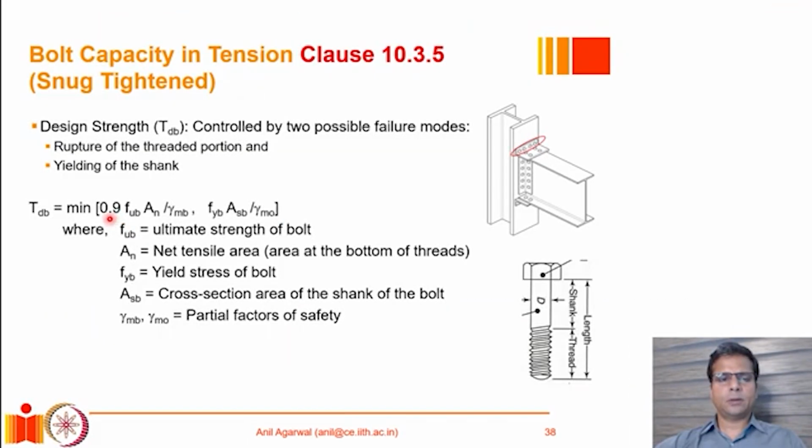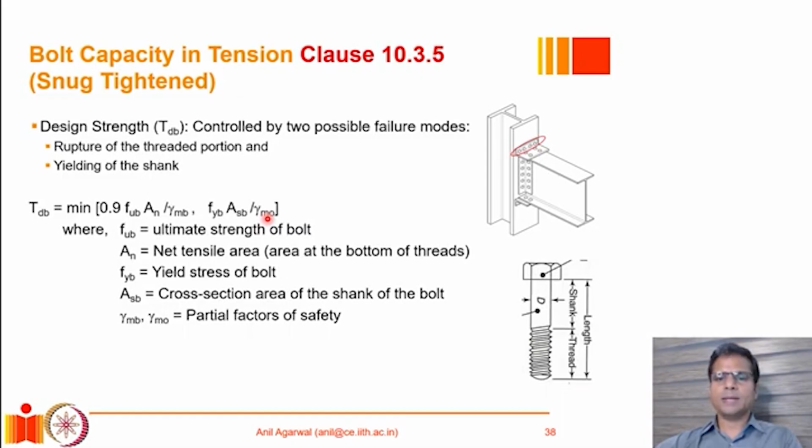So we have seen that when the bolts are subjected to tension, they have a strength which is governed by the yield of the shank cross section or the rupture of the net cross section. Right? So this was the expression. Now it is worth noticing that this expression remains the same even for the bolts which are pre-tensioned.